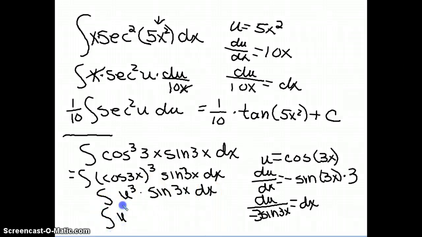We get u cubed times the sine of 3x dx. Oops, I don't want to put that in. I want du over negative 3 sine 3x. What happens? Look at that. There it goes.